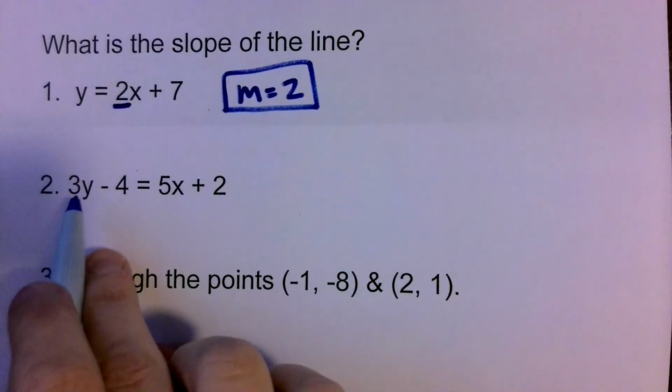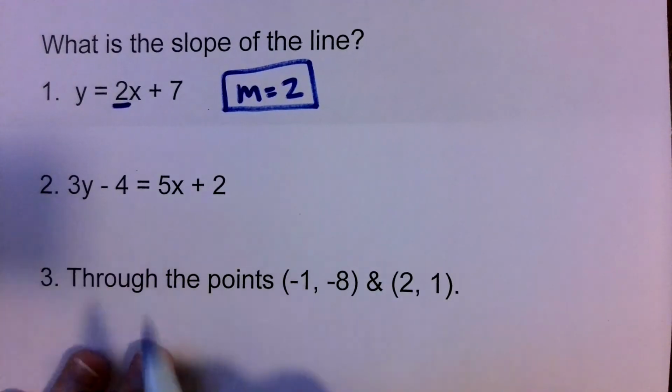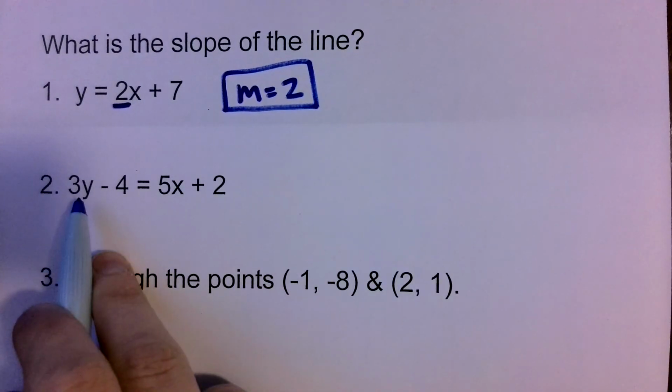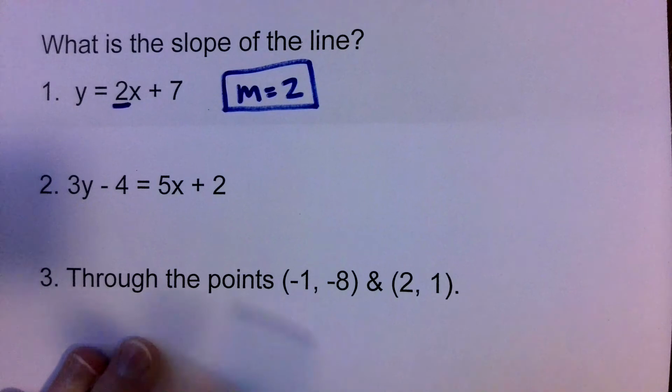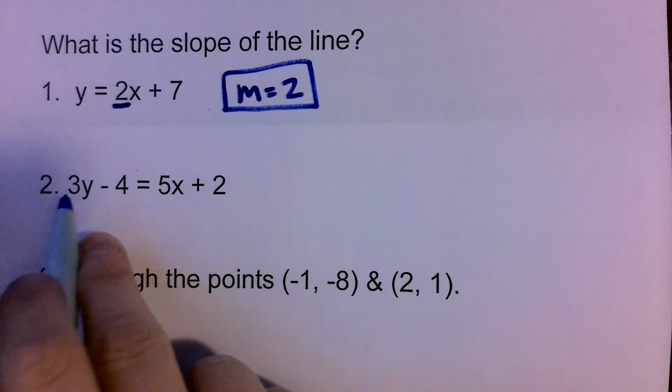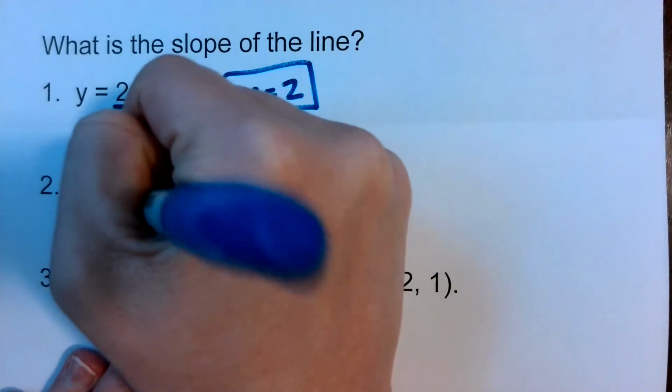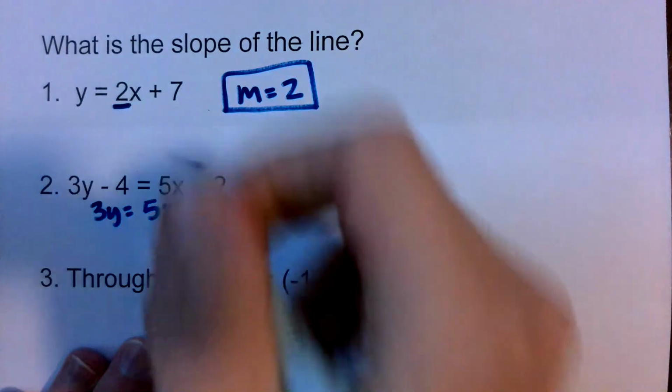So that means I'm solving for y. So to get y by itself, just like I would if I was solving for an x, I get all the numbers on one side. So in order to get that y by itself, I need to add 4 to both sides. So I'm adding 4 here.